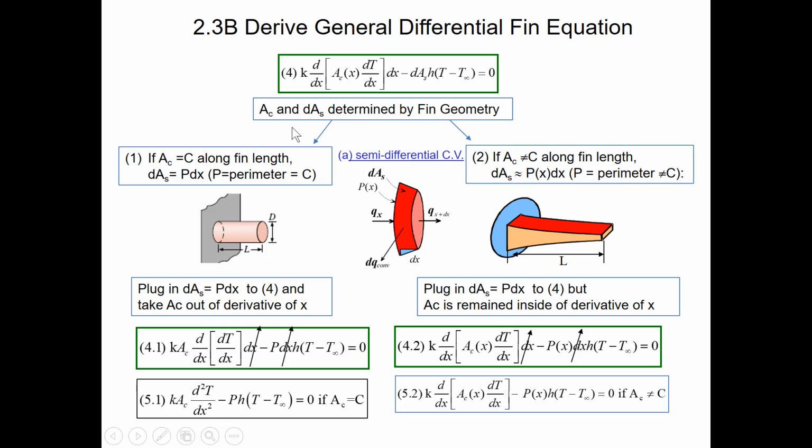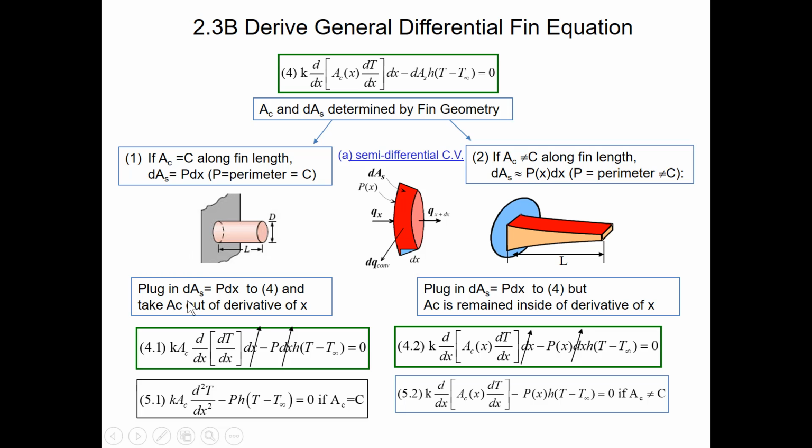We will check 2 scenarios next. The first scenario is that the cross-section area A_C is constant along the fin length. As a result, the side surface area dA_S is a product of a constant parameter and differential distance dx.